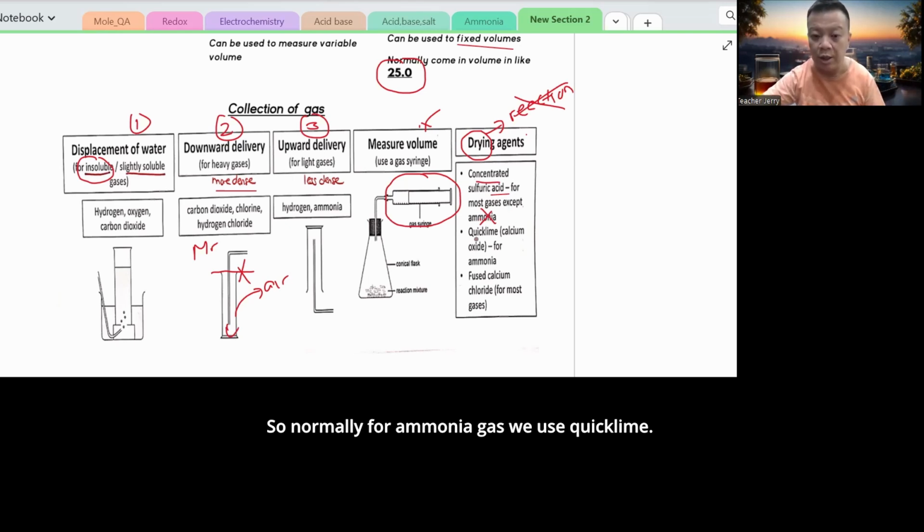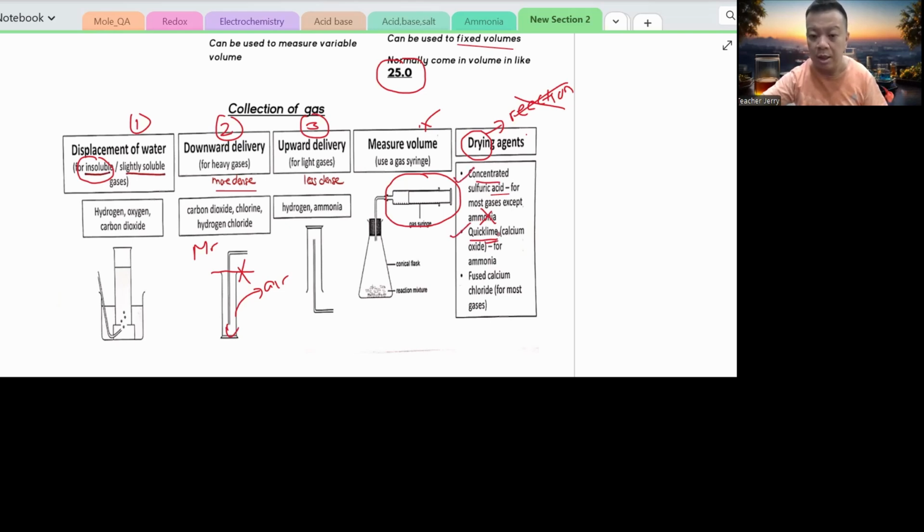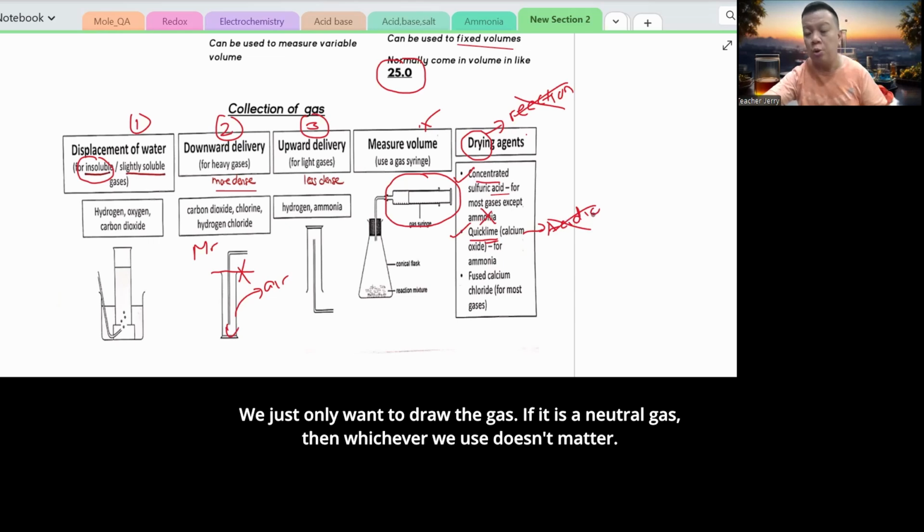So for ammonia gas, we normally use quicklime. Just know mainly these two: concentrated sulfuric acid and quicklime. Technically, quicklime also cannot be used for acidic gas because it will react. We don't want acid-alkali reactions. We only want to dry the gas. If it's a neutral gas, then whichever we use doesn't matter.